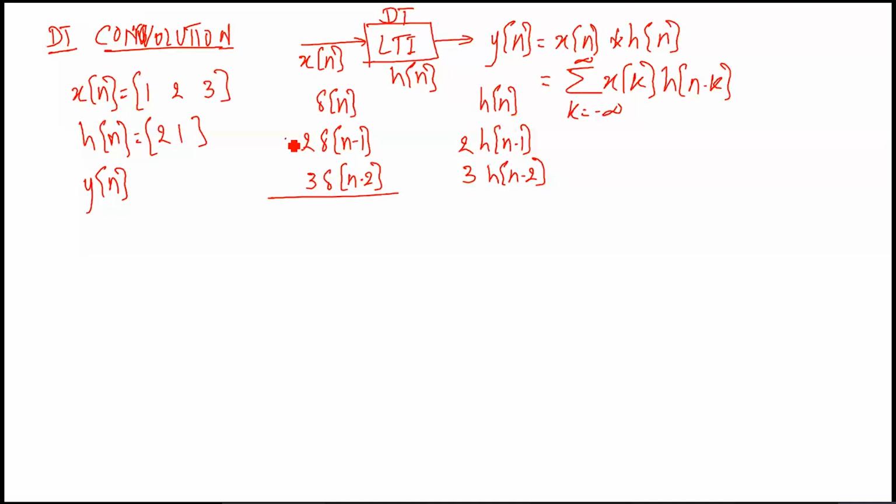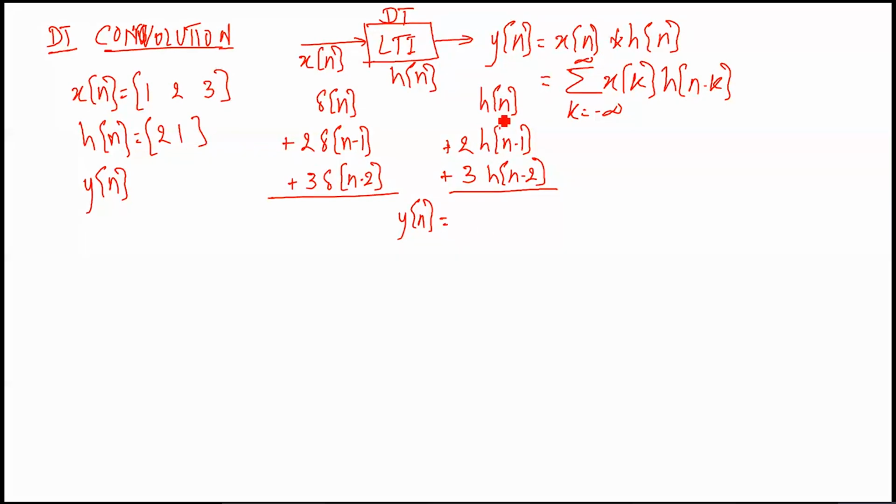So if your input is the sum of these, output will be the sum of these. We know h of n is 2 and 1, and h of n minus 1 will be this shifted right by 1 unit and scaled by 2, and h of n minus 2 will be this shifted right by 2 units and scaled by 3.